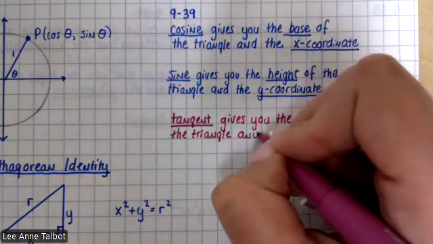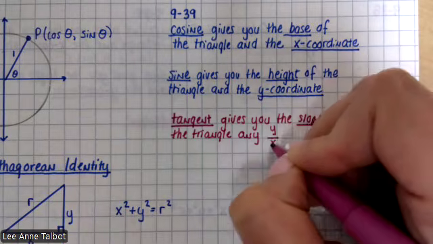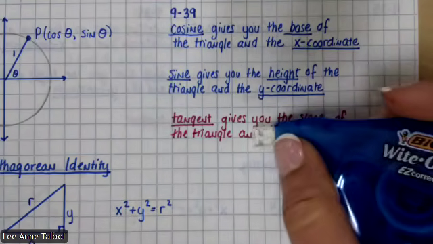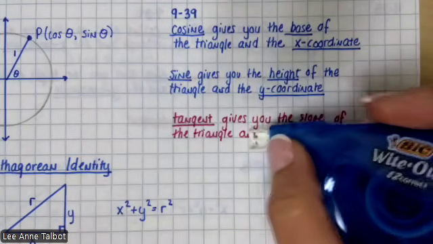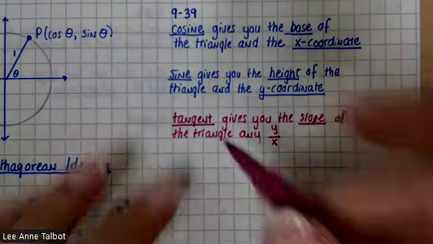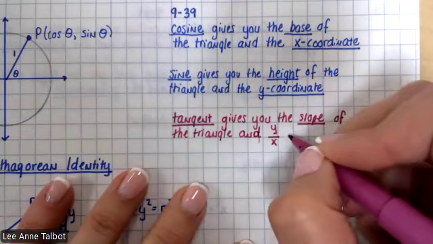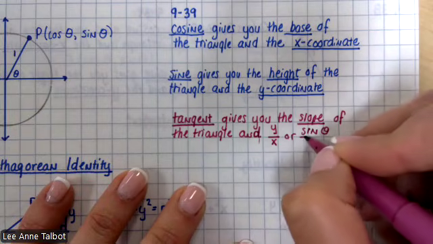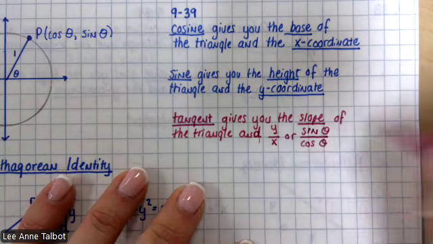And y over x, that should say and, not any. I don't know. I was starting to write the y from the y over x already, apparently. And y over x or sine theta over cosine theta.